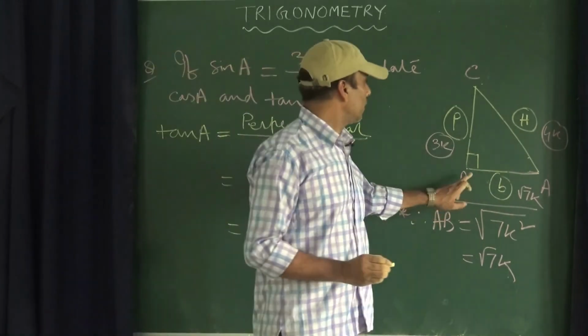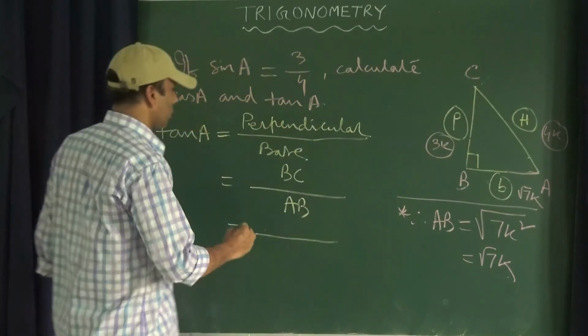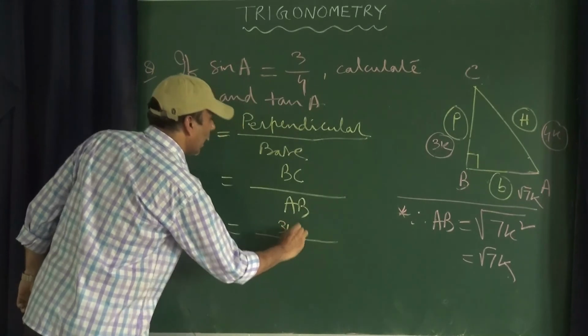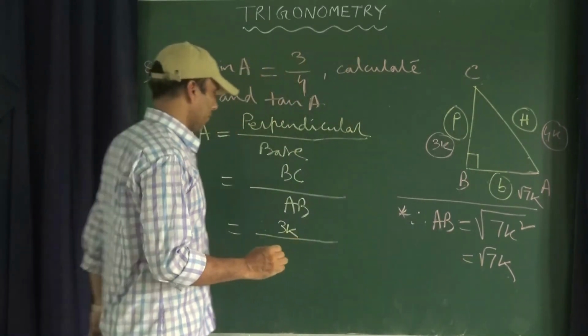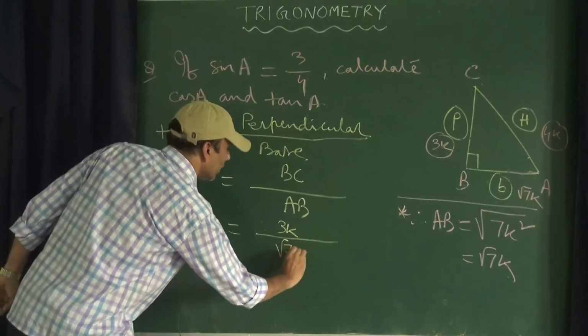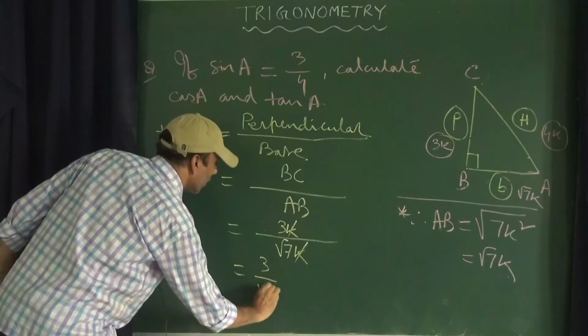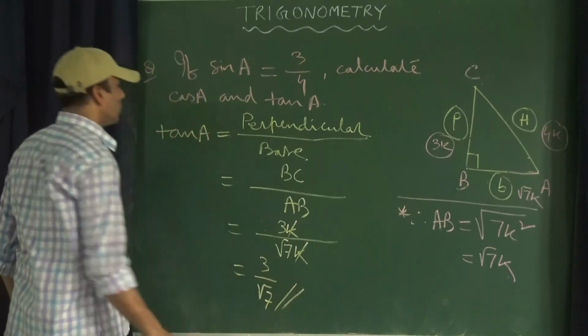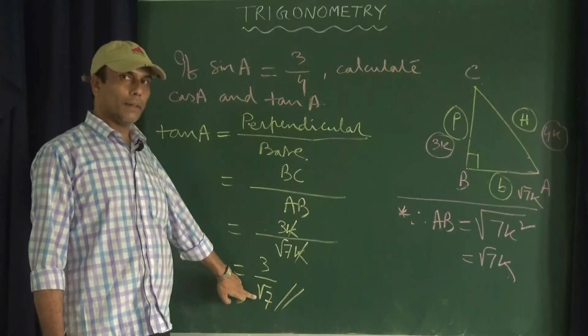BC how much? BC is 3K. So in place of BC we will put 3K, and in place of AB we have root 7K. So K cancels, and we are left with 3 by root 7, which is the value of tan A. So tan A equal to 3 by root 7.